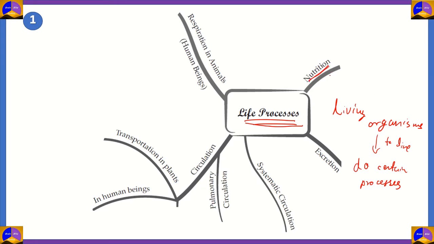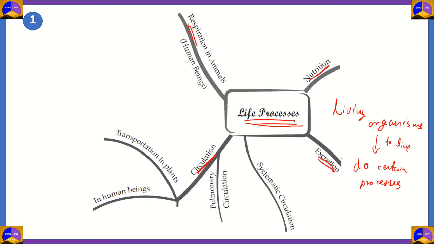In order to distribute that energy to every single part of the body, you need circulation. In order to use up that energy, you need oxygen, which requires respiration. And finally, once you have used up energy, the food that we eat usually contains waste particles, which must be excreted. And also you have nervous control, chemical control, and so on.